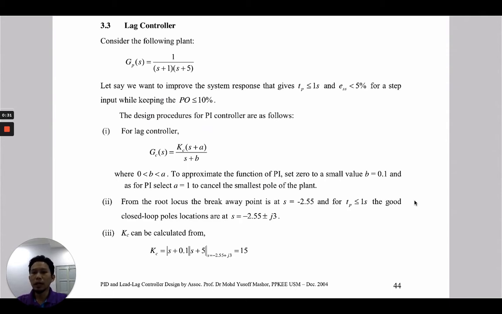So the design procedure for the PI controllers or the lag controllers is as follows. We have our GC equals KC (S plus A) over (S plus B).